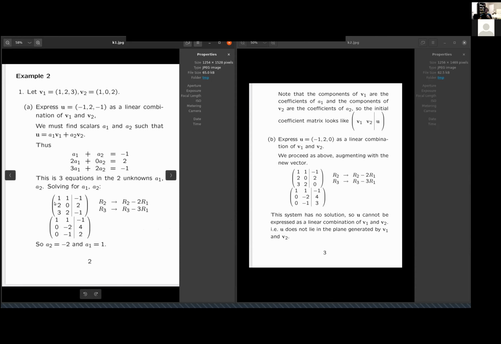Okay, so you got up to REF, which is basically this. Note that the components of V1 are the coefficients of A1 and the components of V2 are the coefficients of A2, so the initial coefficient matrix looks like this. Wait, am I reading this in the wrong order? Oh, just how they got the answer here? Is that what you're saying? How did they go from this to this?